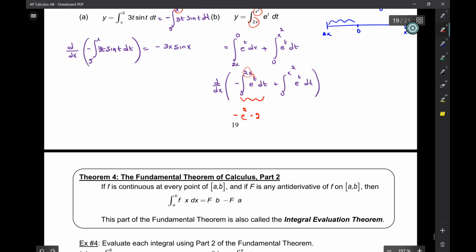Plus, what about this one? e to the x squared times 2x. So this is now negative 2e to the 2x plus 2x e to the x squared. Oh my, I know. That was beautiful. We leave it like that. You could factor out a 2, but it's not worth it. It's good, right? Good stuff.